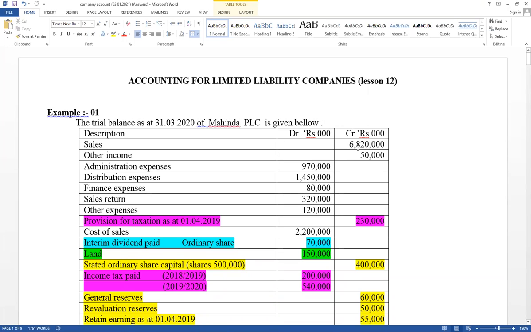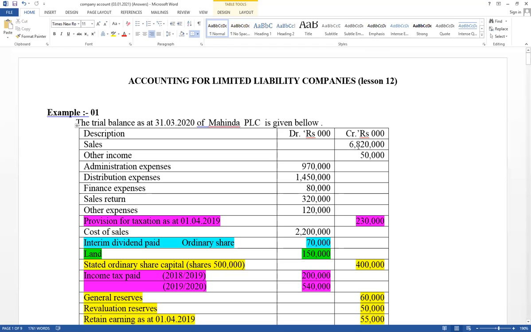Sales should be included in the income statement after deducting sales return. Therefore, sales return is also given here. Think about sales return available, 320,000. In the income statement, sales should be included after deducting sales return.